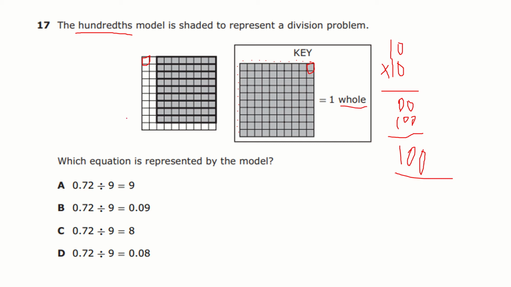In the shaded square, out of the 100, you have 9 going one way and 8 going the other.